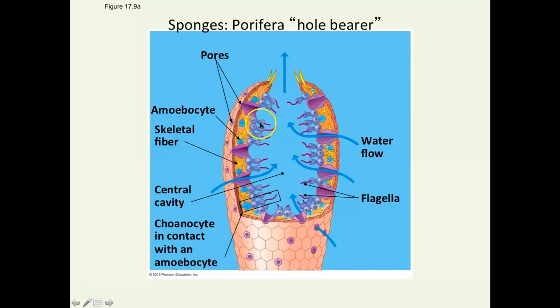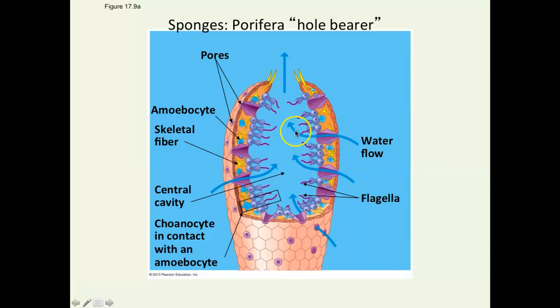Then you have these specialized cells here. They're flagellated. So they have a flagella, and they're going to help move the water. You see how the water is flowing through the holes of the sponge. So the sponge filters the water around it. The water will come into the sponge because their flagellated cells here are creating a current, and the water will be sucked in.